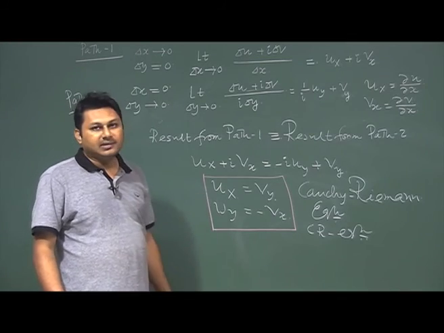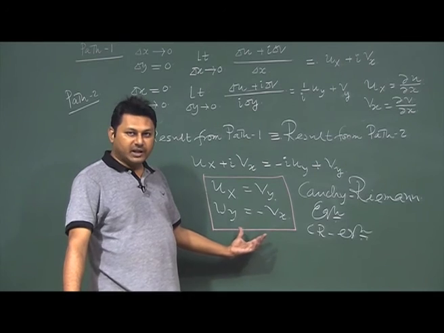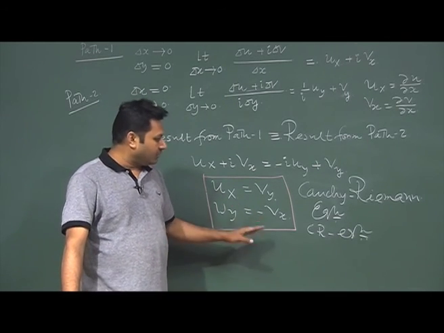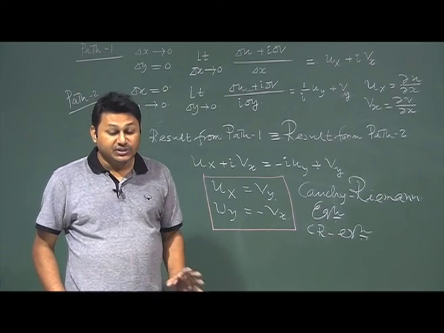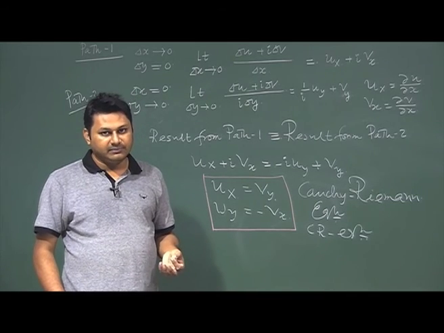But in future classes we will find that this is a very important and very useful relationship between u and v for a function which has a derivative in some region.